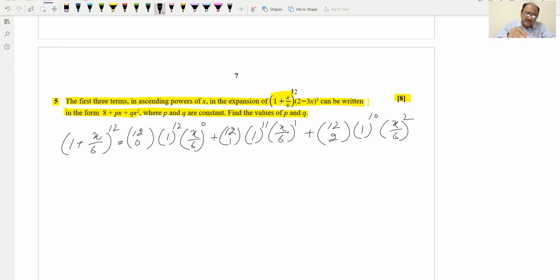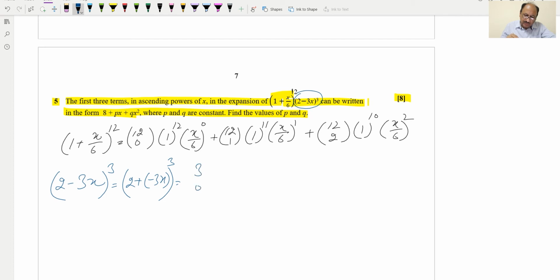For the second expansion, I'll change the color so that you can understand. I'll be writing the expansion for this portion, which is 2 minus 3x whole raised to the power 3. First I will rewrite this as 2 plus minus 3x whole raised to the power 3, and expand it.